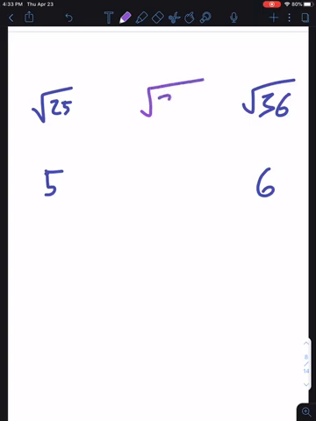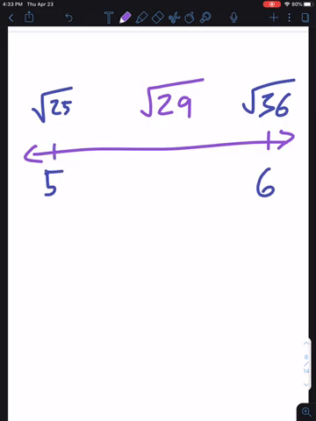So the square root of 29. I don't know what the square root of 29 is off the top of my head, but I know that if 29 is between 25 and 36, then the square root of 29 has to be somewhere between 5 and 6.